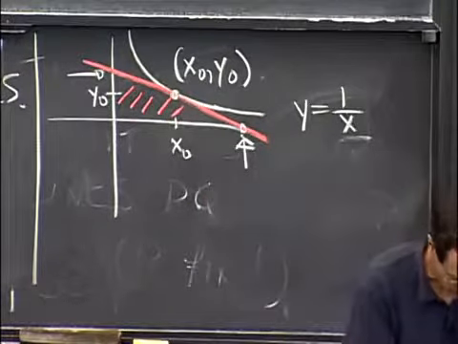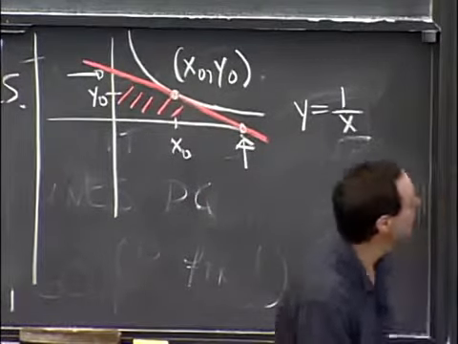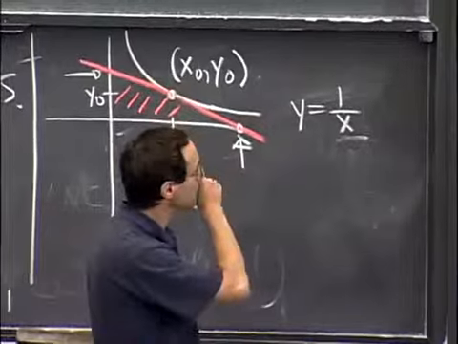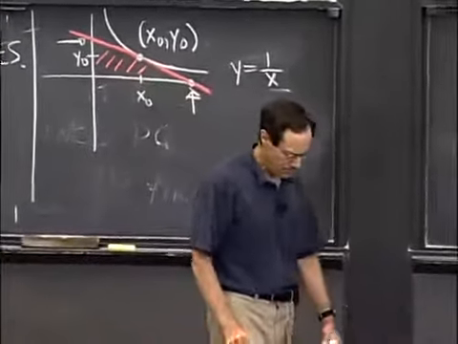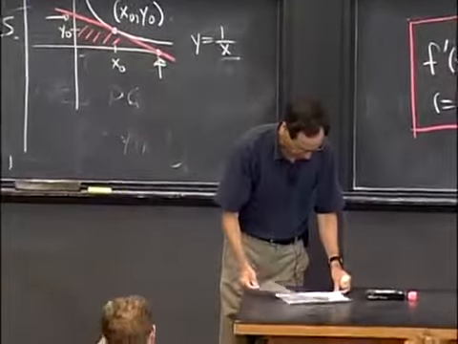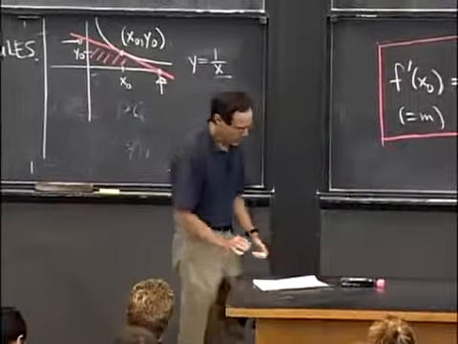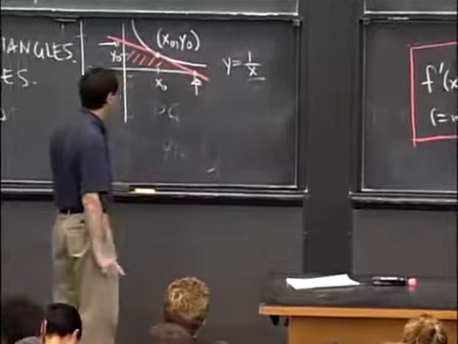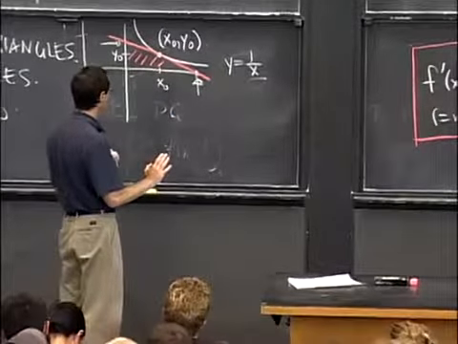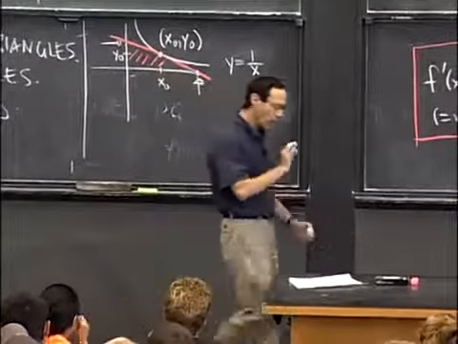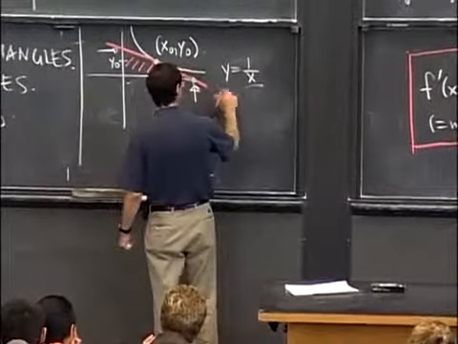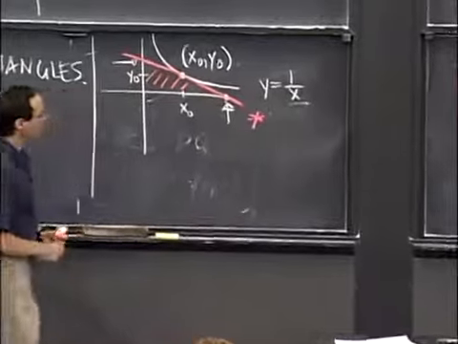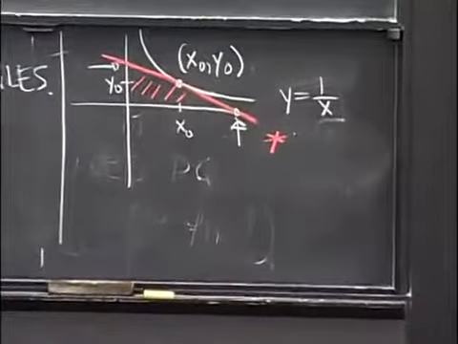So how are we going to do this? Well, so let's just take a look. So what is it that we need to do? I claim that there's only one calculus step, and I'm going to put a star here for this tangent line. I have to understand what the tangent line is.